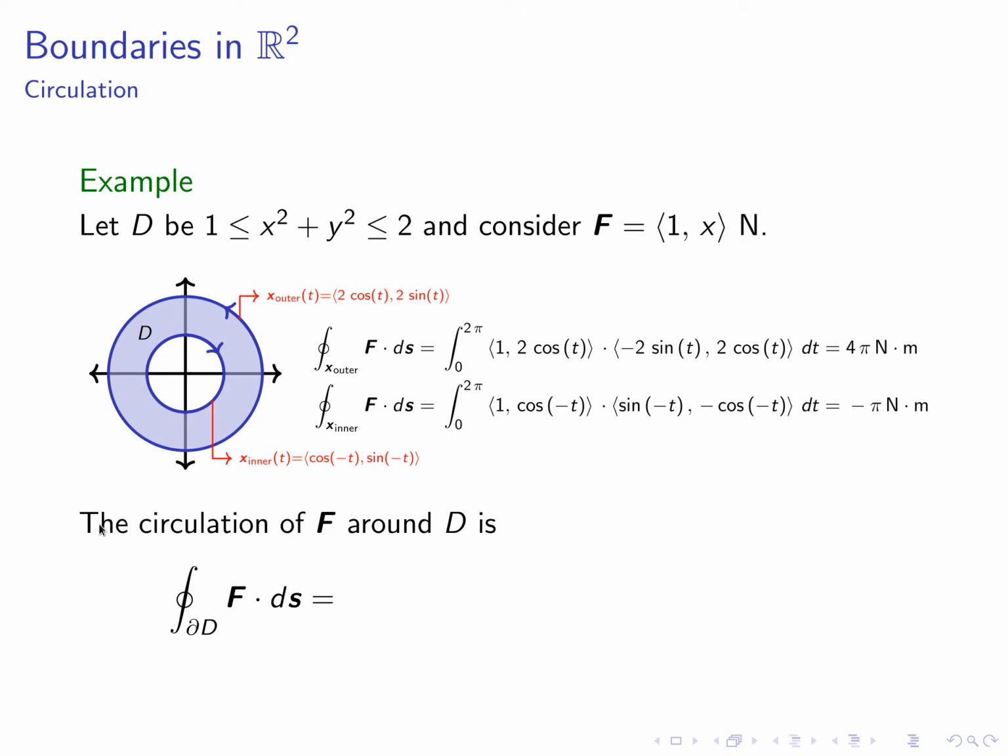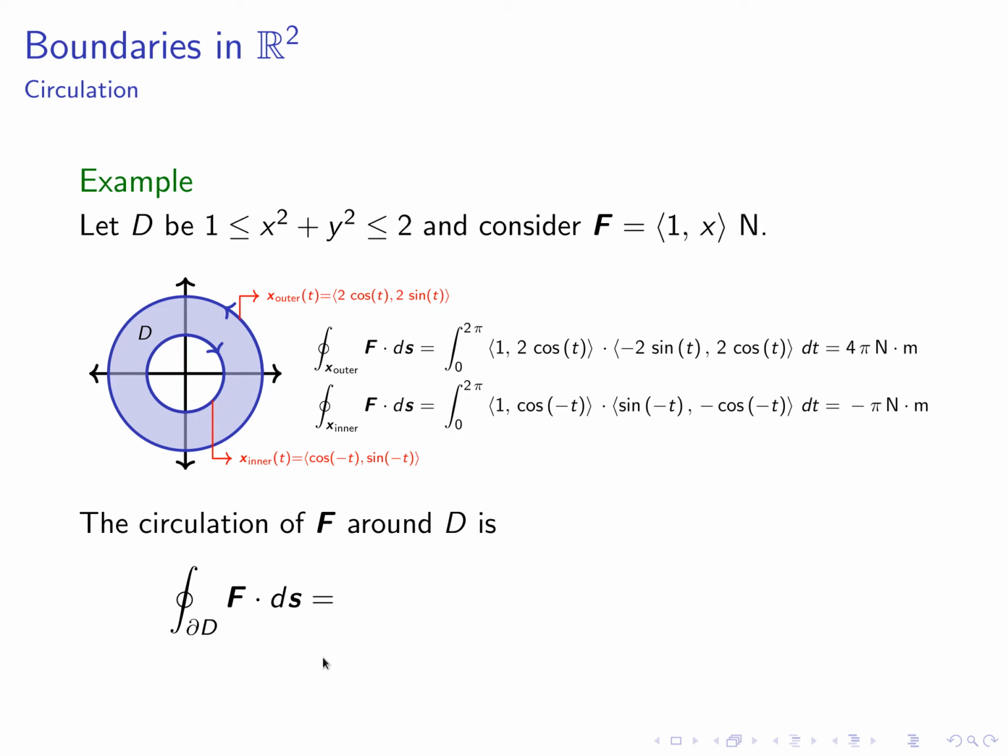Well, we can now use these results to calculate the circulation of our vector field around the domain. By definition, this is the vector line integral of F along the boundary of this domain. And again, the circle here is simply meant to signify that the domain consists of, in this case, 2 closed curves.